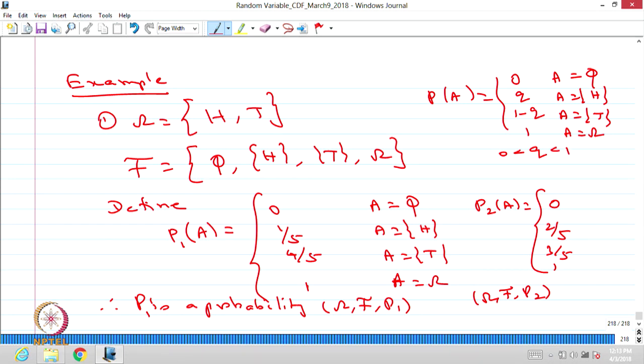That means I can have many probabilities, therefore I can have many probability spaces for this example.